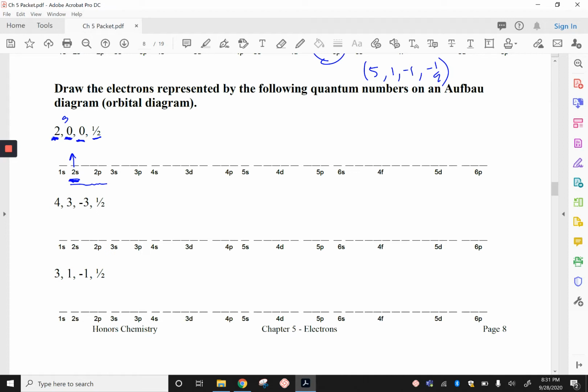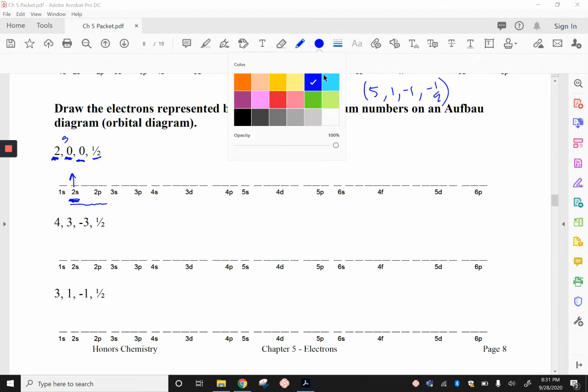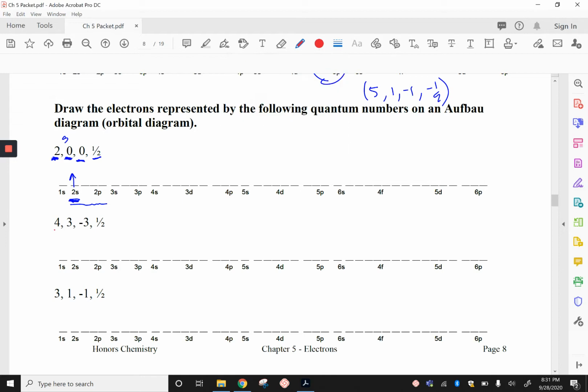Let's try the next one. The 4, what does that tell us? That's the energy level, so it could be 4s, 4p, 4d, or 4f. So anywhere there. Then you look at the next one. 3, what does that correspond to? That corresponds to f, 4f.